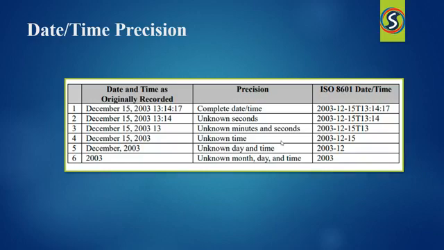Whereas other uncertainties are also there, where intervals may be represented by the omission of the components. ISO 8601 is going to represent missing intermediate components through the use of a hyphen, where the missing component would normally be represented.